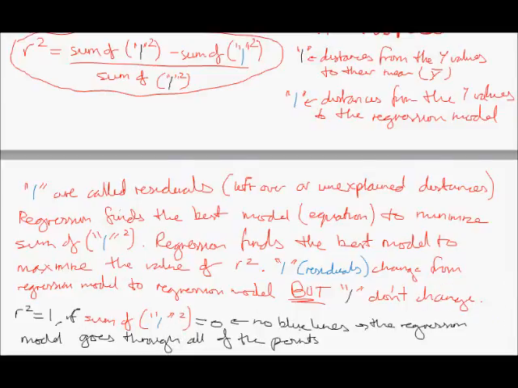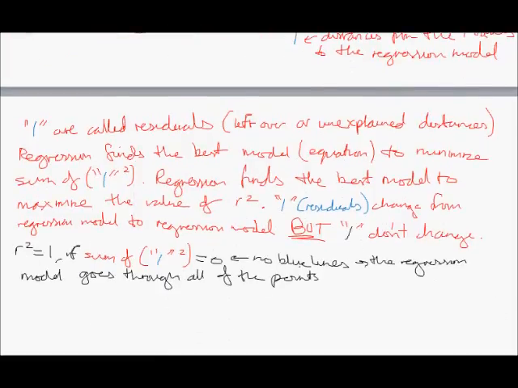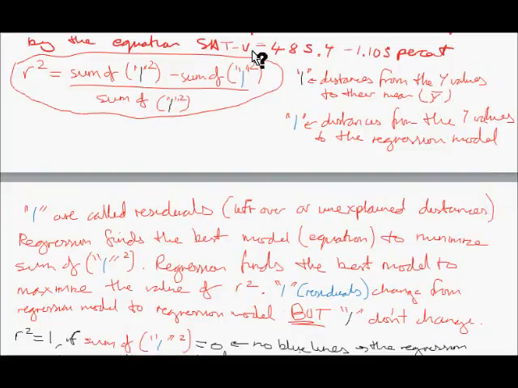Similarly, when's r squared equal to 0? Well, r squared equals 0 if what's true? If you go back to the equation again, the only way r squared can equal 0 is if the top is 0.